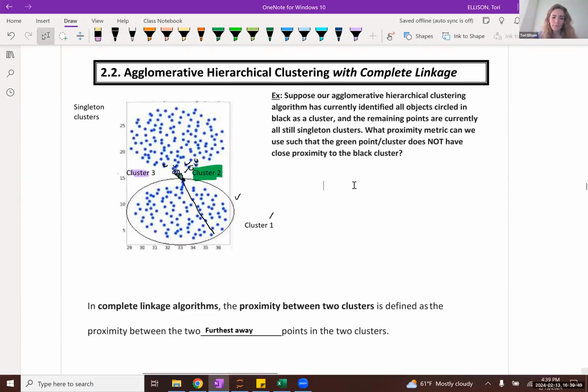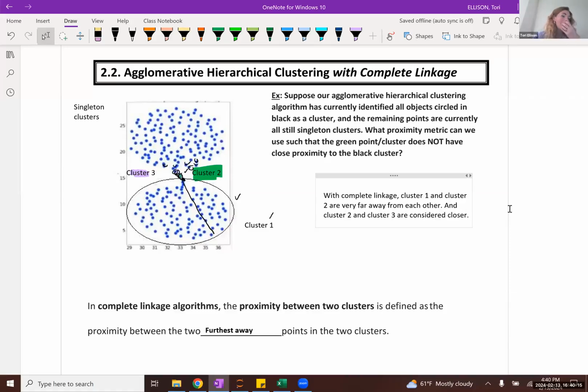So with complete linkage, cluster 1 and cluster 2 are very far away from each other, and cluster 2 and cluster 3 are considered closer. Okay, any questions on that?